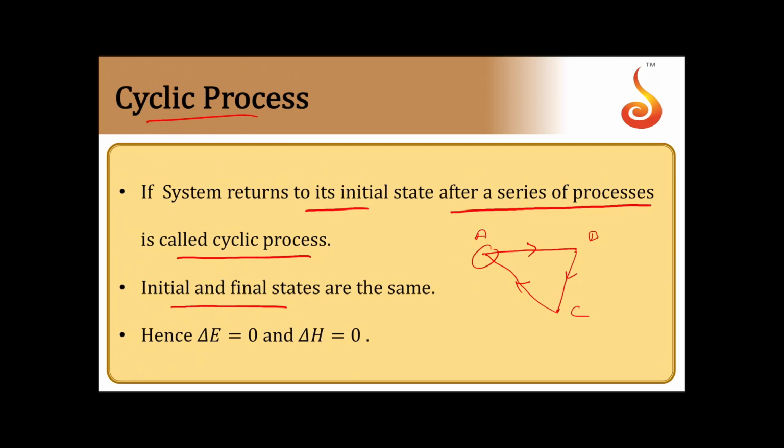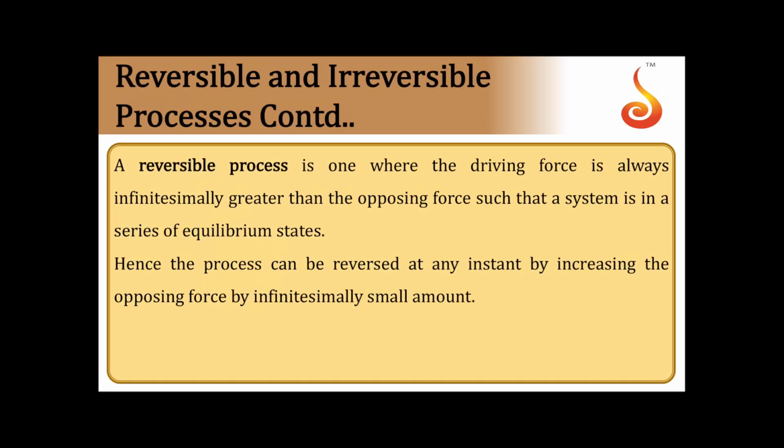So initial and final states became equal to A here. So in a cyclic process, initial and final states are the same, therefore the difference in state functions remains 0. Hence delta E, delta H is equal to 0, because initial and final states are the same in a cyclic process.